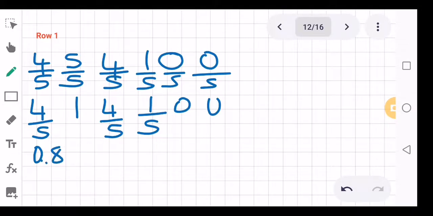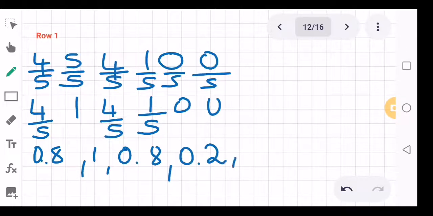This is 1. This is again 0.8. 1 by 5 is 0.2. And the other things will be 0, 0.